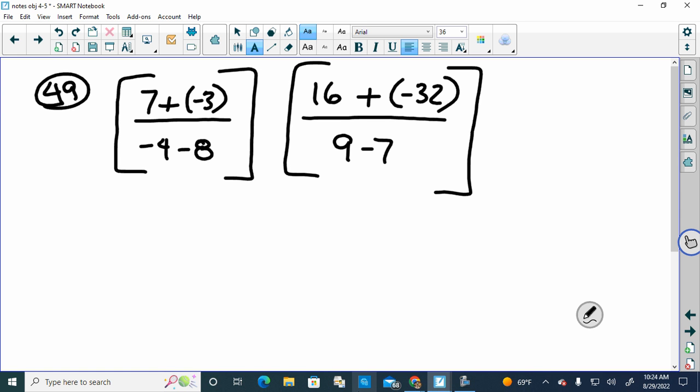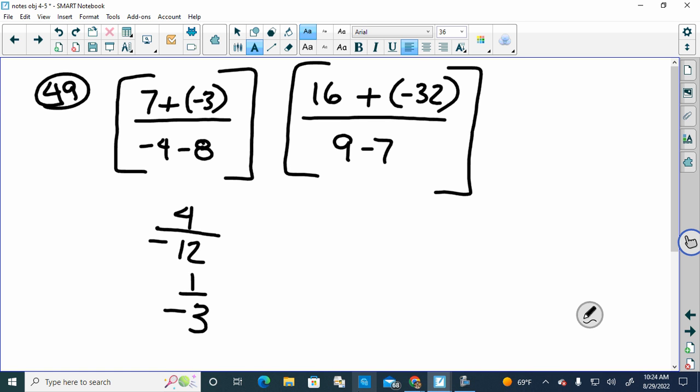Okay, so we're simplifying the numerator first. 7 plus a -3 is going to give me 4. Then on the bottom, you're going to have a -12. If you can reduce it, there are smaller numbers to simplify it down. So I'm going to change that to a -1/3.